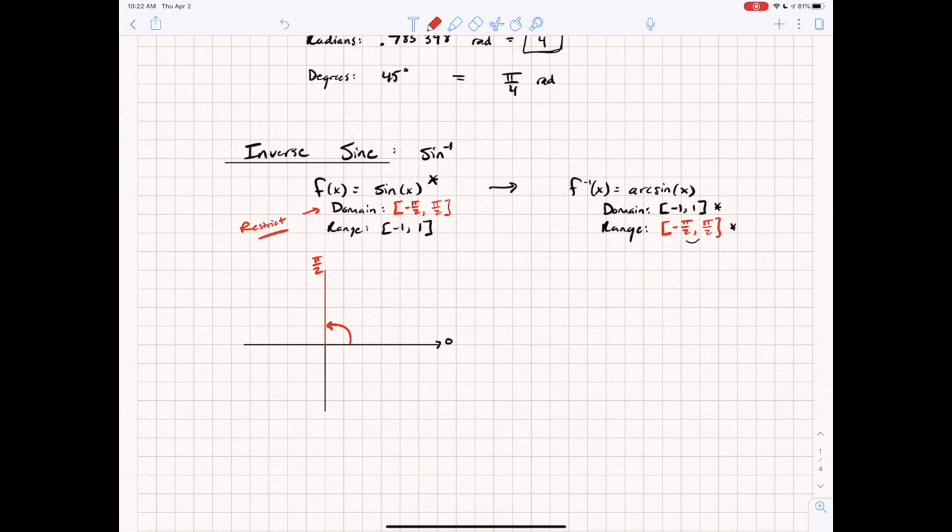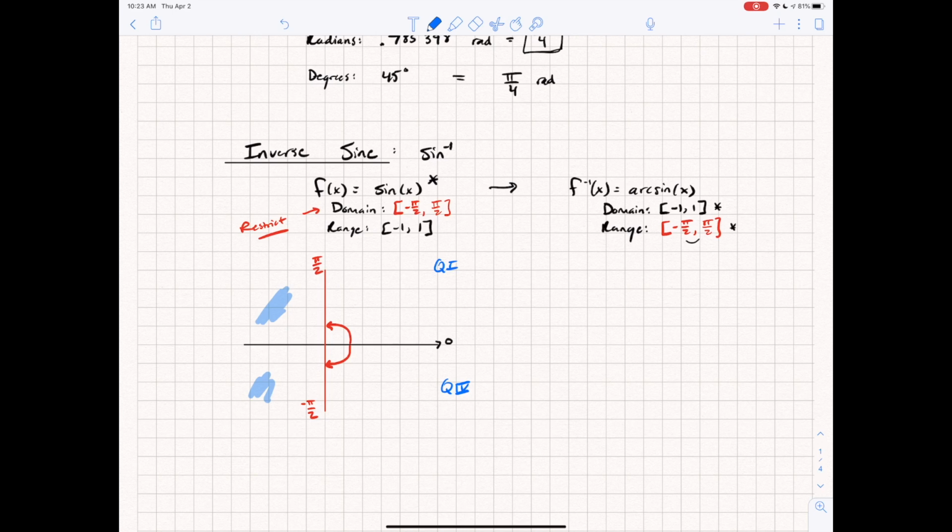If I'm starting at 0 and I want to go to negative pi over 2, I would be rotating clockwise 90 degrees, and negative pi over 2 would be here, but I can't go past it. So notice in terms of the circle, I'm not getting any answers over here in quadrant 2 or quadrant 3. Inverse can only give me answers that exist here in quadrant 1 and here in quadrant 4.